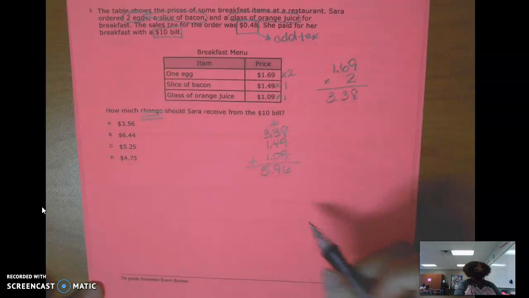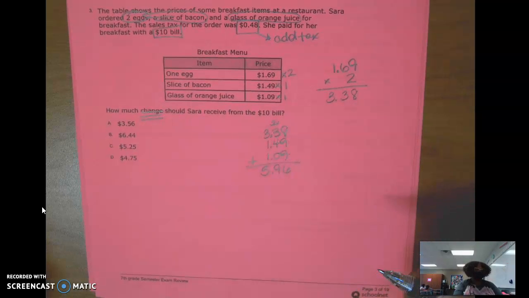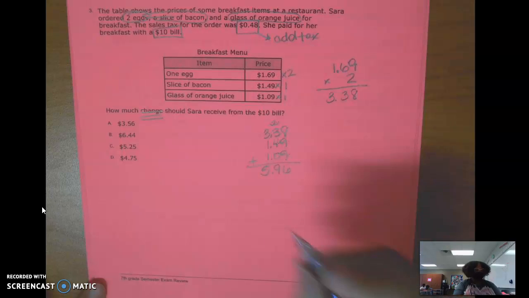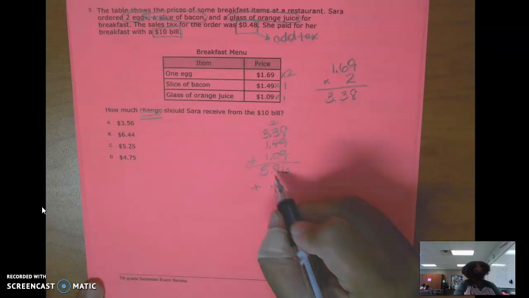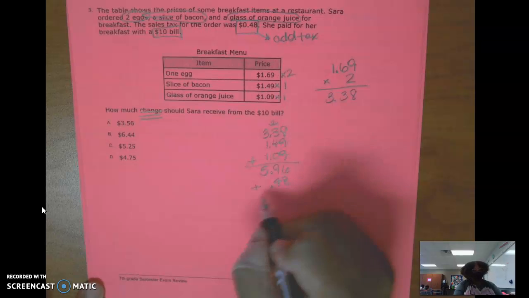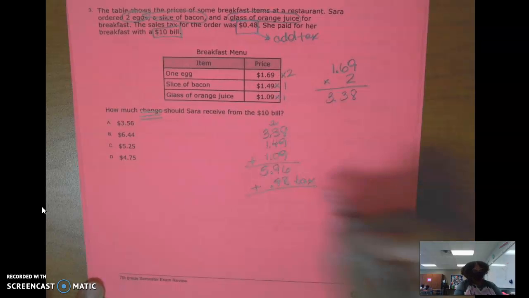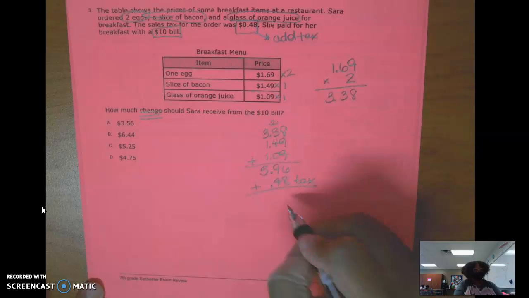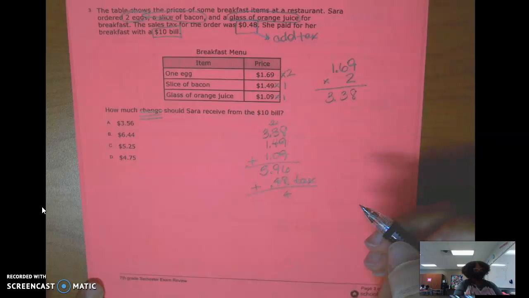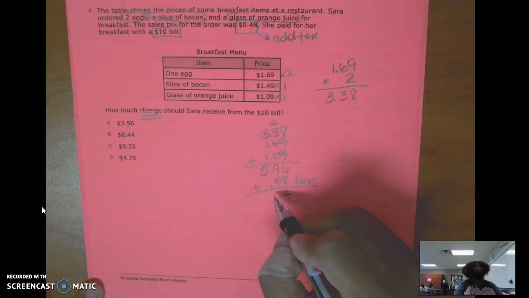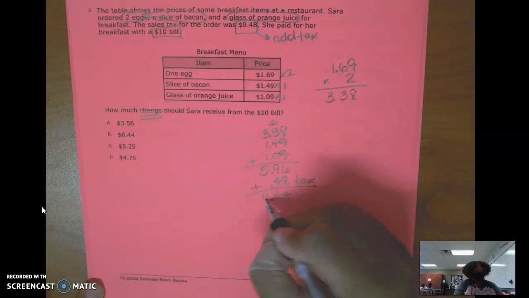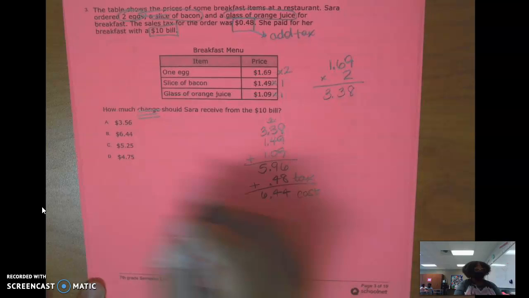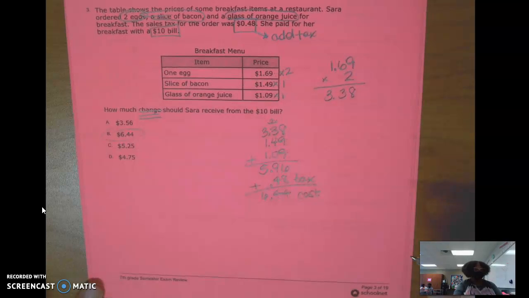Okay, what am I supposed to do now? Add the tax. What's the tax? 6 plus 8? 1 plus 9 plus 4. 14 again. 1 plus 5. 644 is the cost. So that's my answer, right?